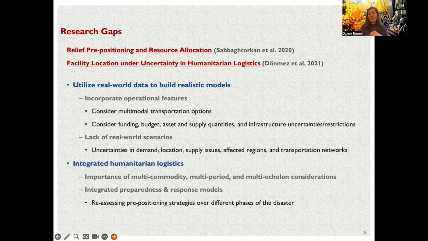At the same time, there is also a need to really think about integrated humanitarian logistics operations, looking at multiple commodities, multiple periods, multi-echelon considerations, as well as thinking about how an organization can actually respond to different demand with different characteristics. As I mentioned earlier, sudden onset demand versus ongoing demand that happens all the time, which is somewhat forecastable.